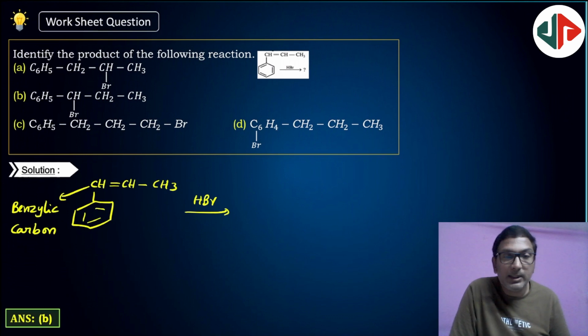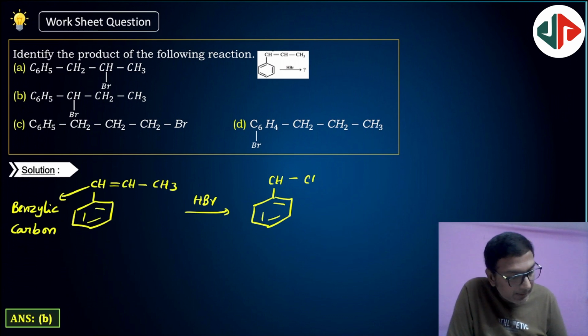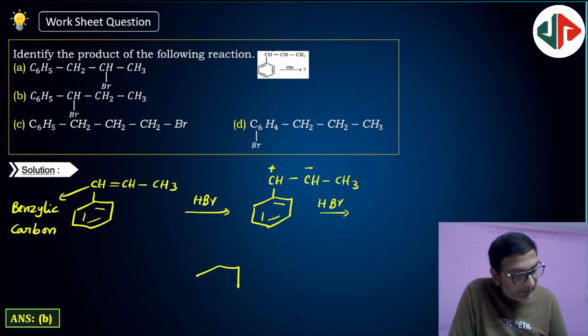So positive charge at benzylic carbon is highly stable. Therefore, first it gives CH=CH, and here CH-CH3, make it plus and minus. Next add HBr. Therefore it forms CHBr-CH2-CH3.